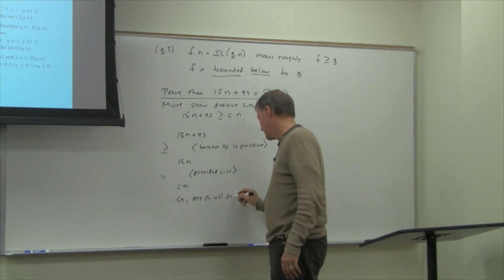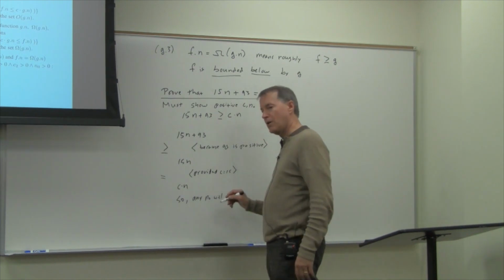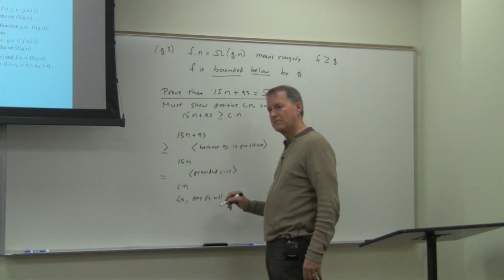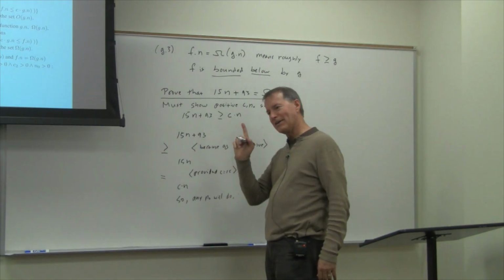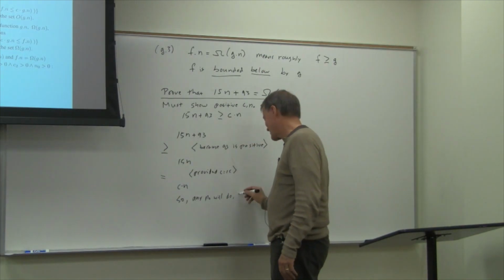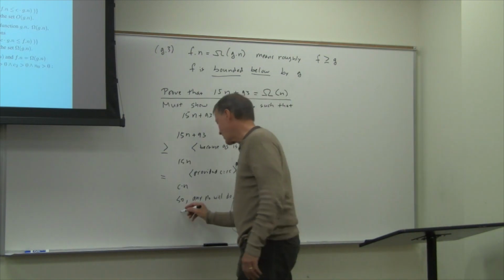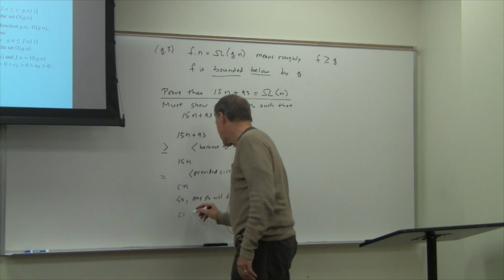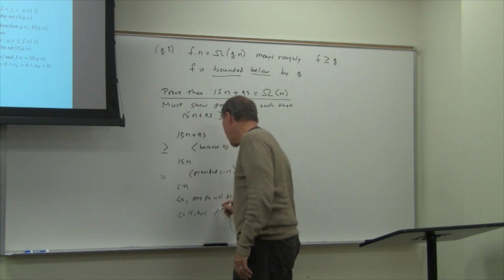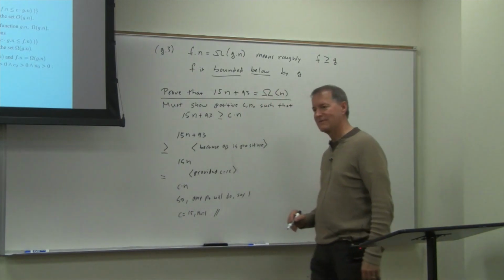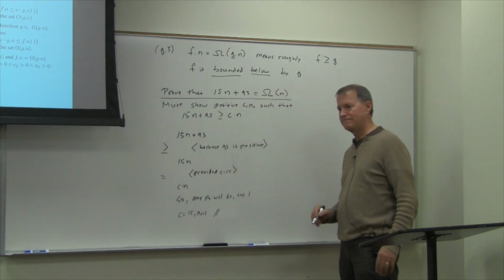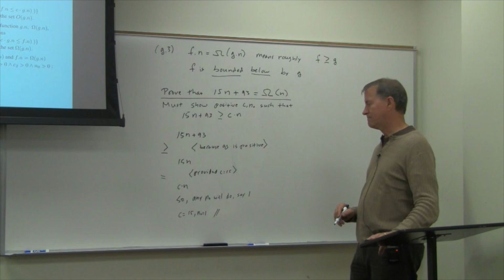Doesn't it have to be less than 93? No. Well, how about 1? Say 1. So we have c equals 15, n naught equals 1, and we're done because they exist. If we did pick 100, would it matter?